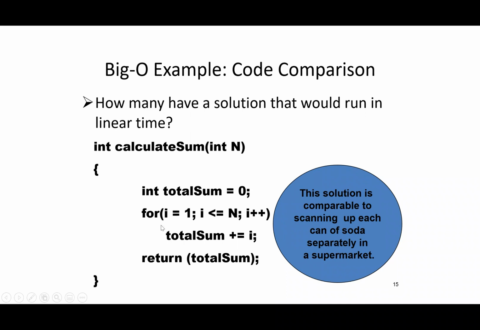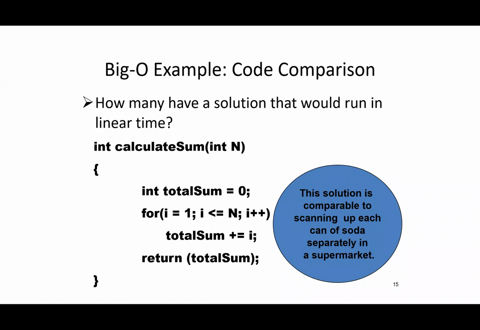Okay. So this solution is the same as scanning each can of soda separately in the supermarket. It means, let's say you buy 10 cans of soda or Coke, let's say any drinks, and then you go and pay. When you go and pay, the cashier will take each of the cans that you buy and scan them one by one.